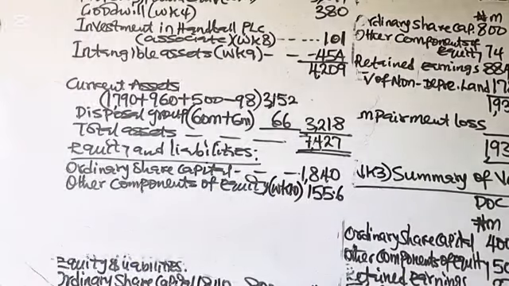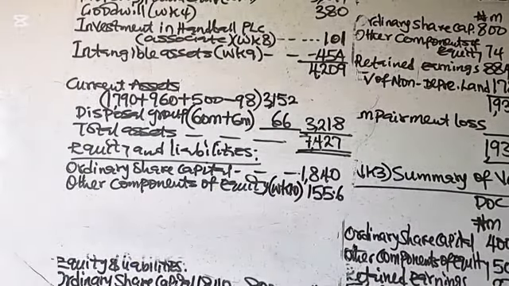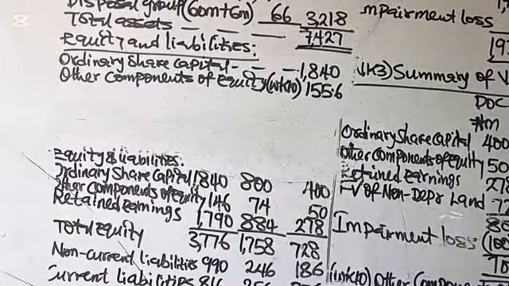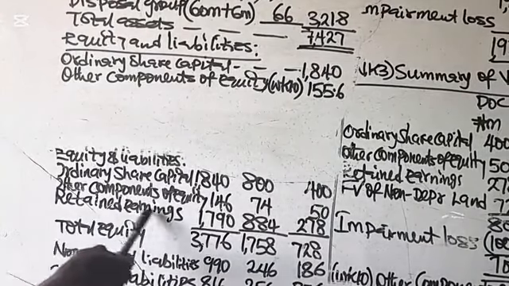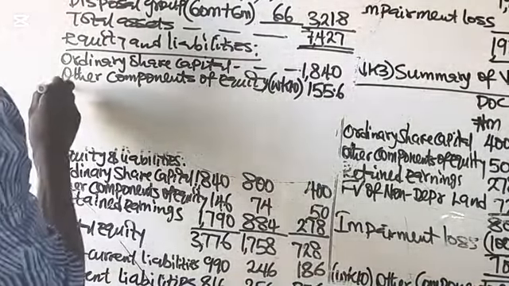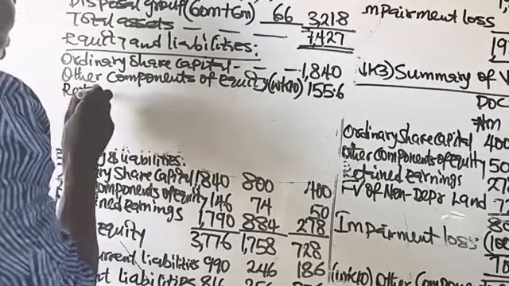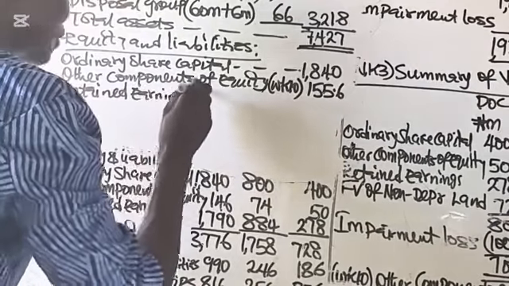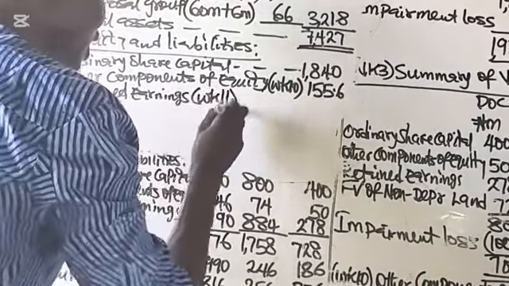Then after the other components of equity, the next item we have is retained earnings. Let's have that as working 11.